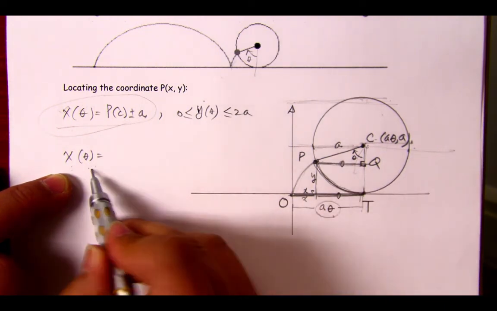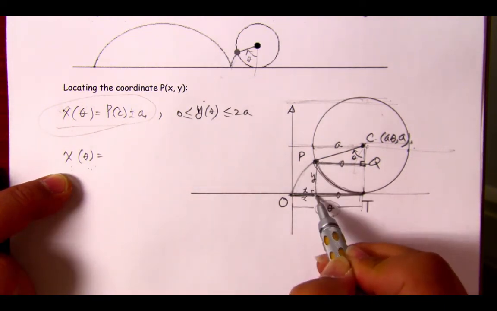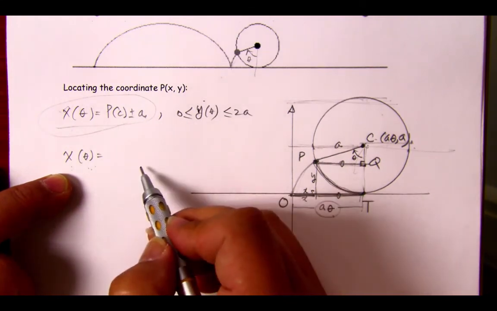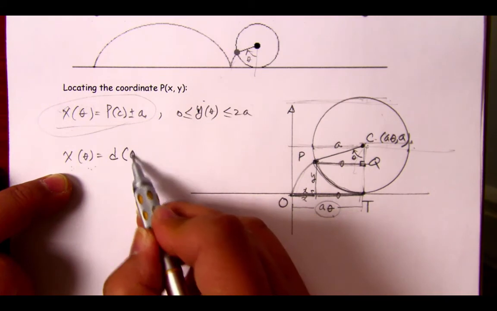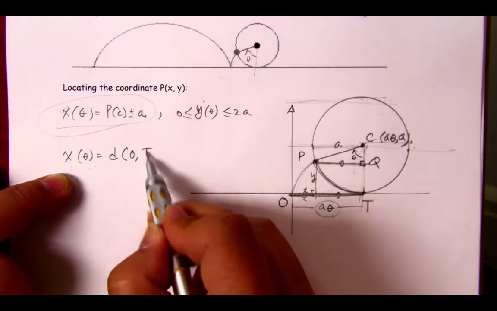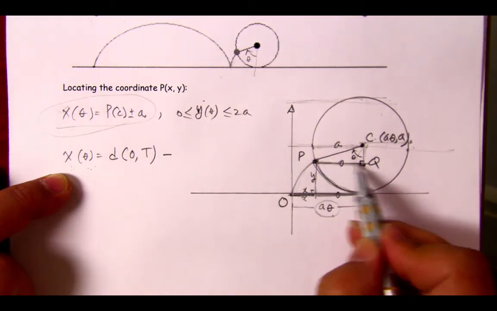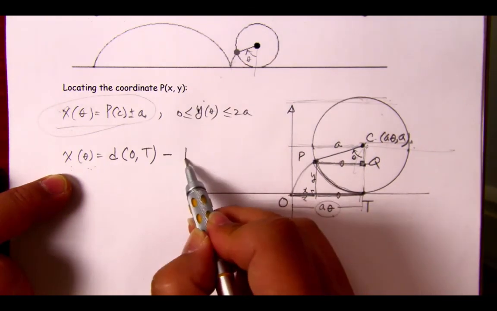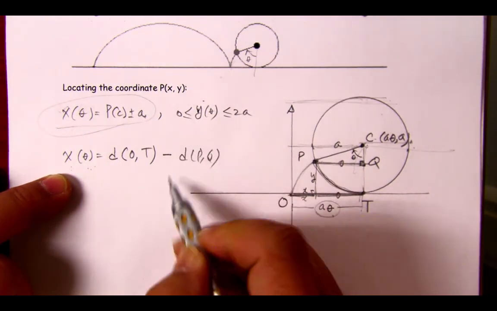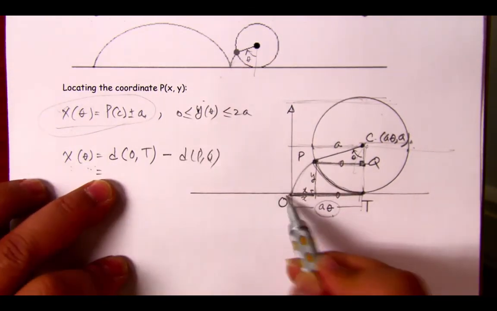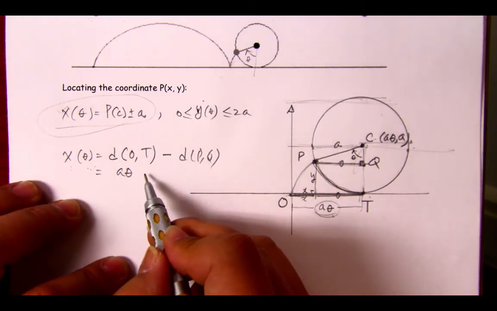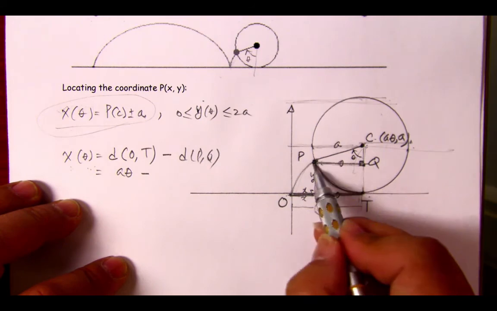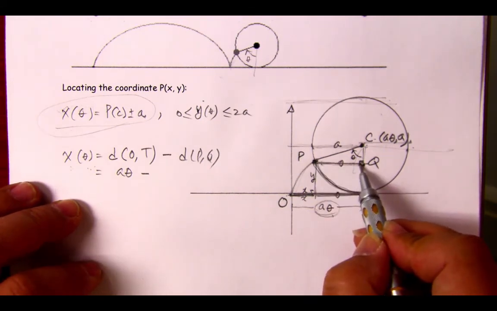So x naught, this position right here, is nothing more than the distance between the origin O and the point T, minus PQ, the distance between these two points. And the distance between O and T is nothing more than a theta, minus the distance between these two, which is what, guys?